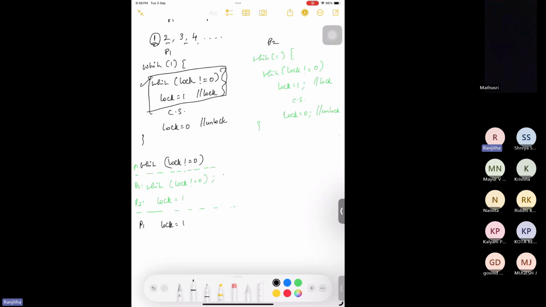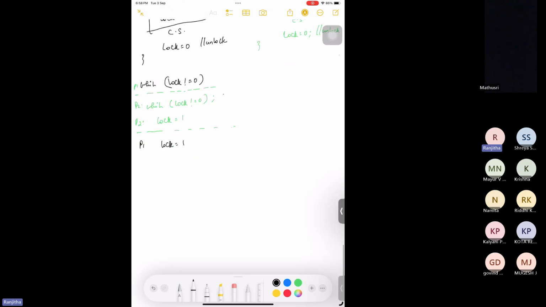Then on top of this underlying hardware support, the synchronization primitives are built, and these primitives are what we normally use. One of the commonly used hardware instructions is the test and set instruction. This instruction will happen in an atomic manner.